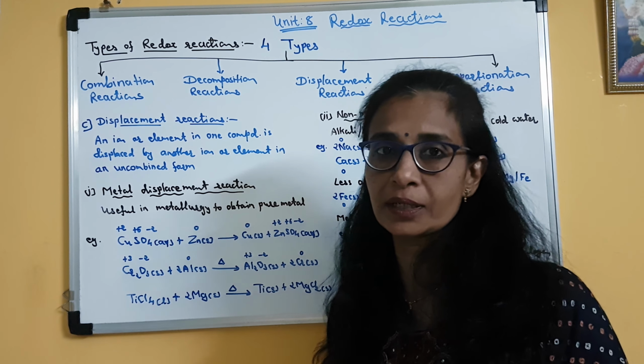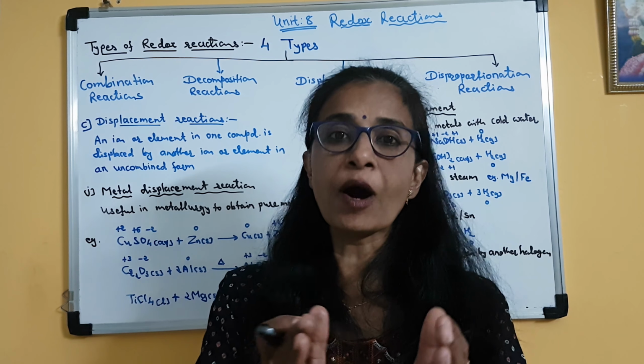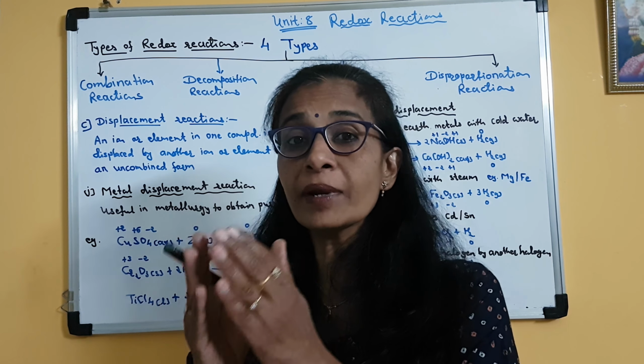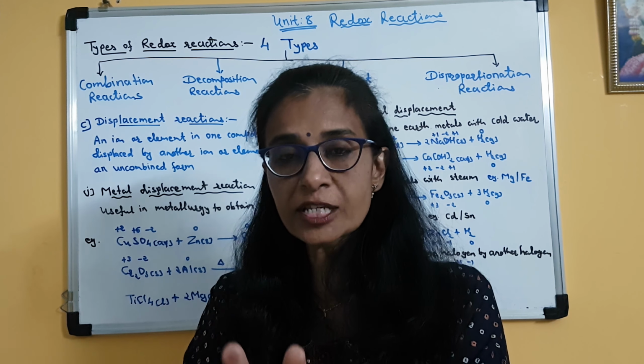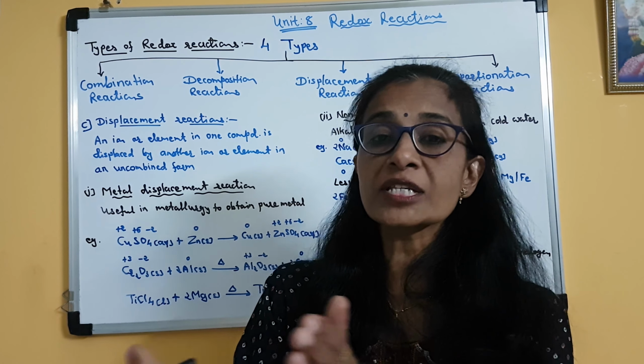This is very important. One element is present in the compound form, but the other element is in a free state. The element which is in a free state will displace the element from the compound. Clear? So this is called a displacement reaction.